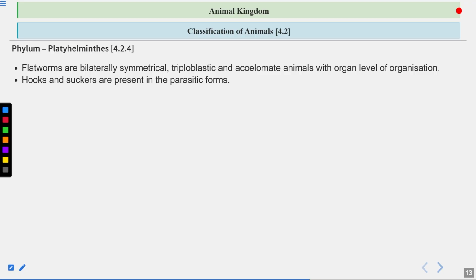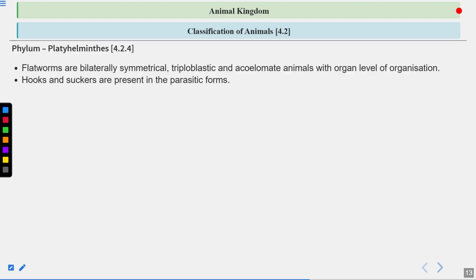Next point. Hooks and suckers are present in the parasitic form. Those worms that are parasites present inside the body of the organism have hooks. What is the function of the hook there? The hook is there so that they can get attached to the tissue. Those are helpful to get attached to the body surface, like if they are present inside the stomach or in the intestine, with the help of this hook they get attached to the inner lining of the intestine.